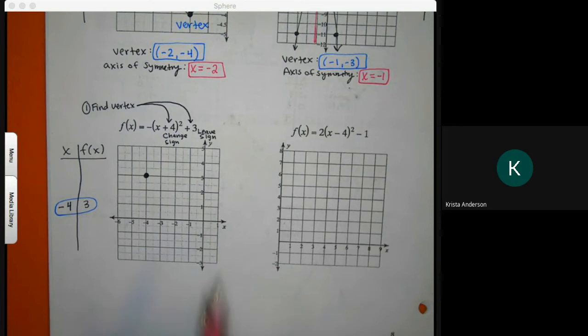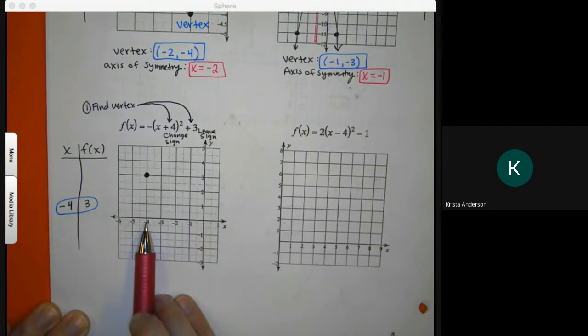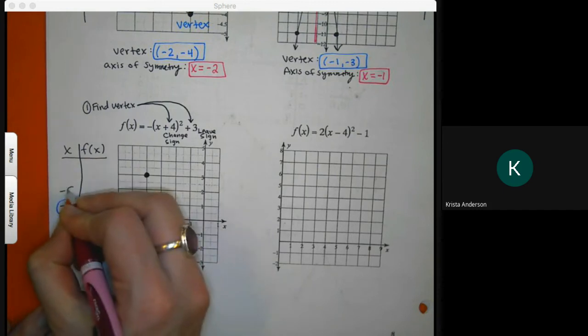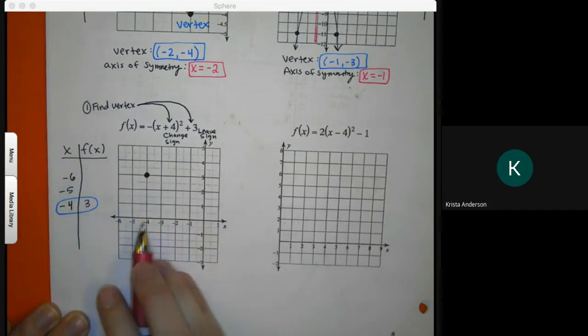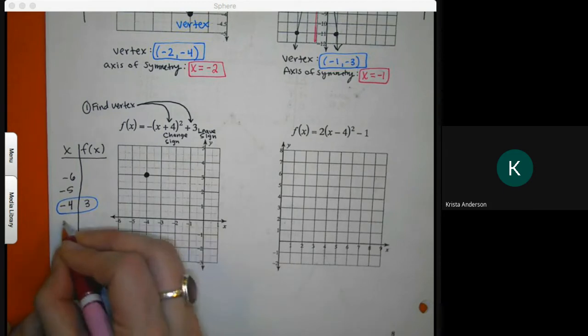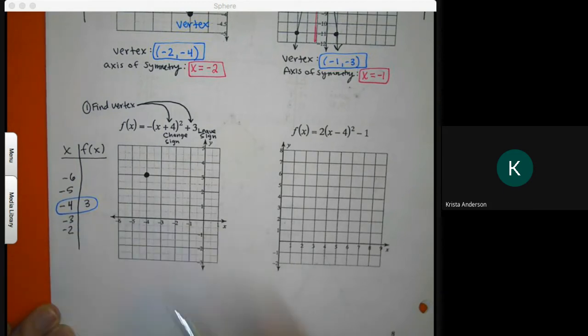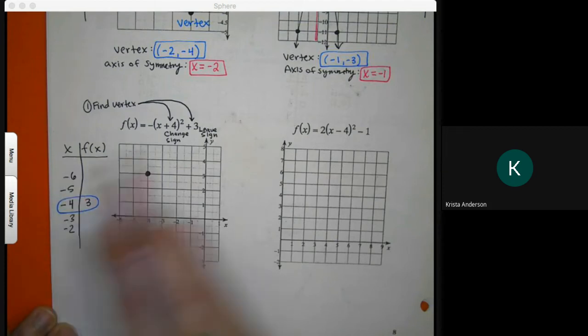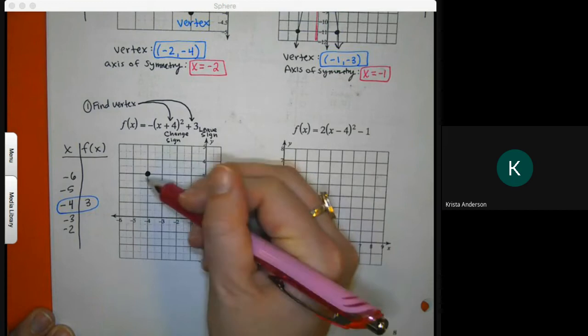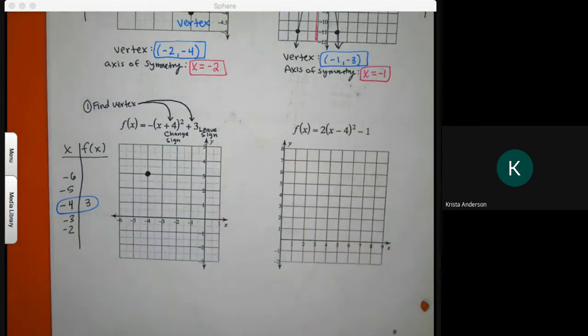I need two numbers to the left, -5, -6. And two numbers to the right, -3, -2. And I'm going to plug them in to see where they will be when I graph the rest of my shape.